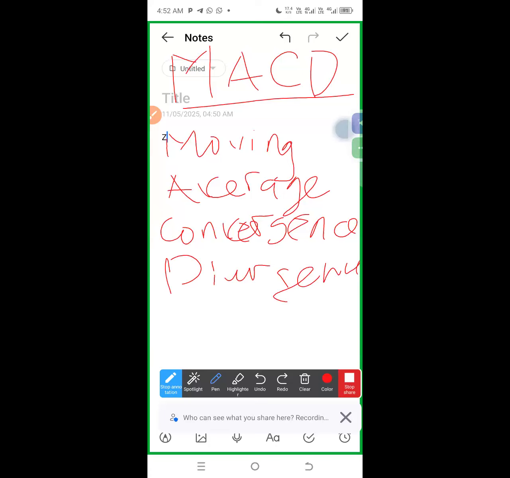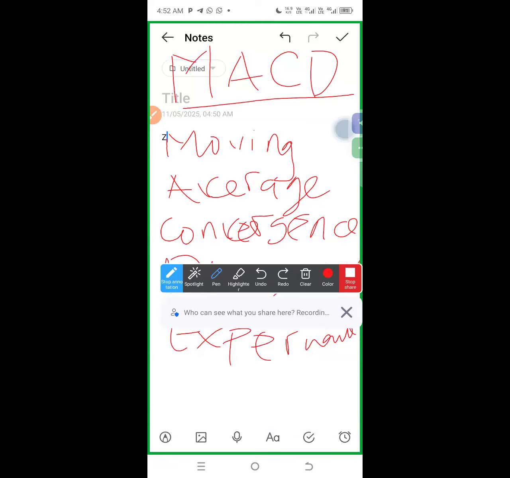Just as we started, I told you that when it comes to the use of indicators, indicators are trading principles that have been discovered by expert analysts or experienced traders over decades.